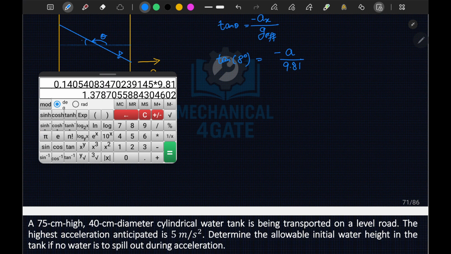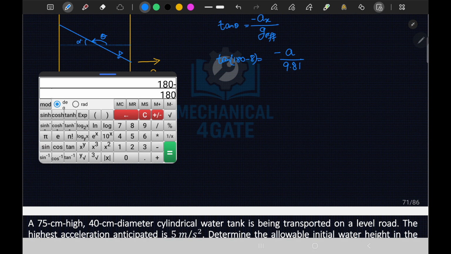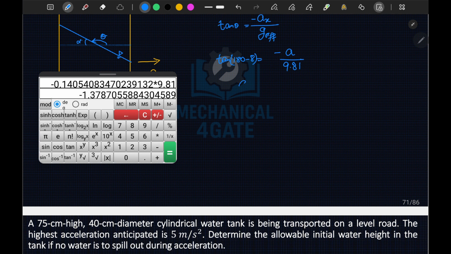This would become tan of 180 minus 8, that is 172 degrees, multiplied by 9.81. This gives our a equal to 1.37 or 1.38 meter per second square.